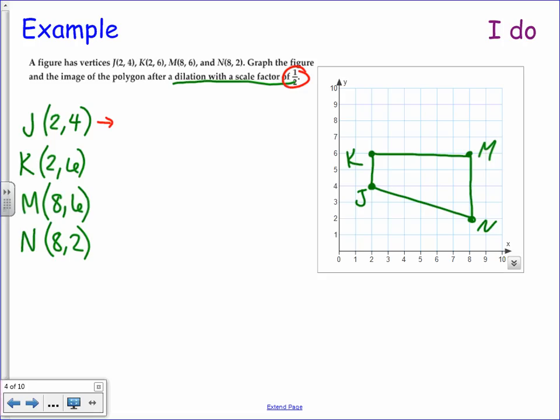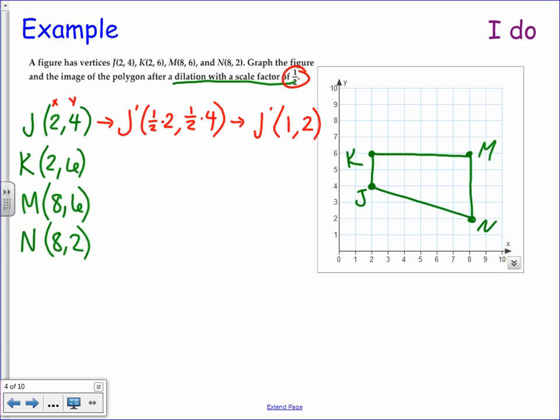Remember, I've got to multiply each x and y by the scale factor, and this time it's 1/2. So J prime, it's just a J with a little apostrophe, is 1/2 times 2, 1/2 times 4. The new J prime will be at the point 1, 2.